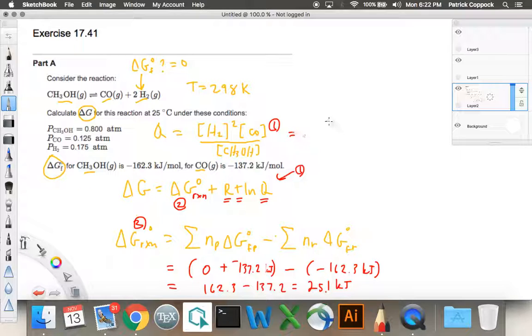And that is here. So it looks like it's H2 at 0.175 squared times the partial pressure of carbon monoxide, which is 0.125, divided by 0.8.